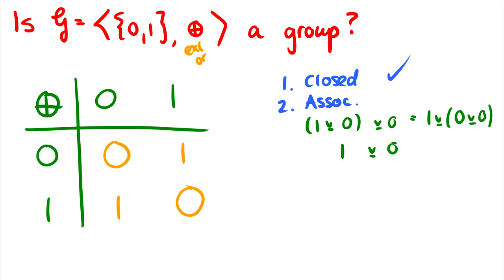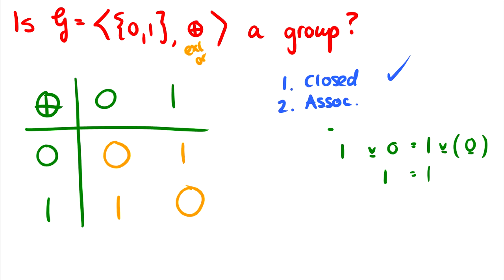Is this equal to 1 exclusive OR, well, 0 and 0 is going to give us 0 back because they are the same value. So it'll be 1 exclusive OR 0 equals 1 exclusive OR 0. So it's just 1 equals 1. So the one example we did is associative. In fact, if we did all of the examples, we would see that it is associative. You'd have to check it manually or find one counterexample.